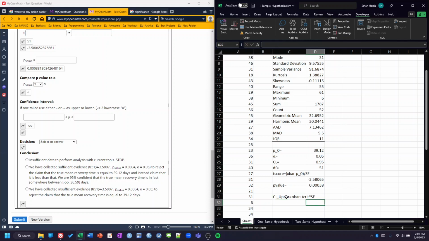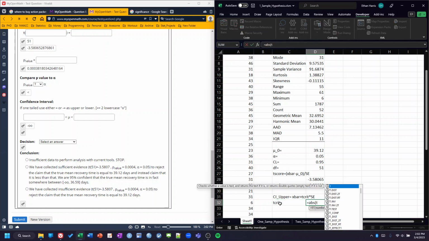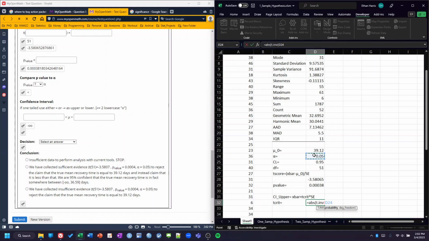So let's do that real quick. Oh, first of all, we need our t-critical. So t-crit is going to be equal to this. We've done this before. Absolute value, t dot inverse. We need our probability, which is just going to be alpha. We're not dividing it by 2 because this is a one-tailed confidence interval. And we need our degrees of freedom again, which are 51.